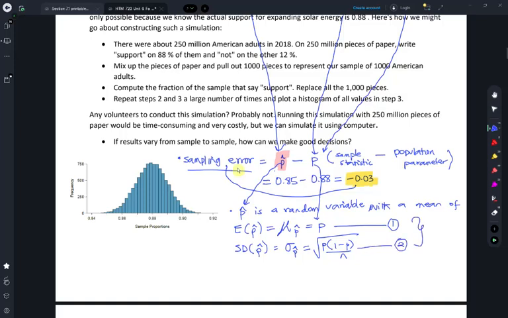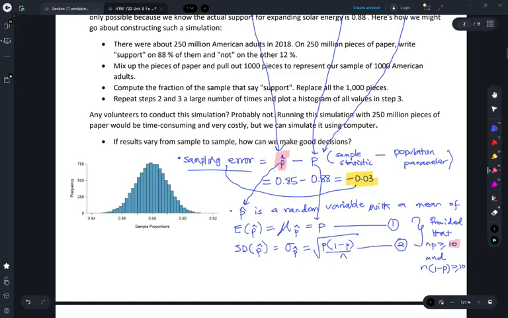Well, there are conditions attached to the use of these formulas. This is provided that n times p is greater than or equal to 10, and n times 1 minus p is also greater than or equal to 10.